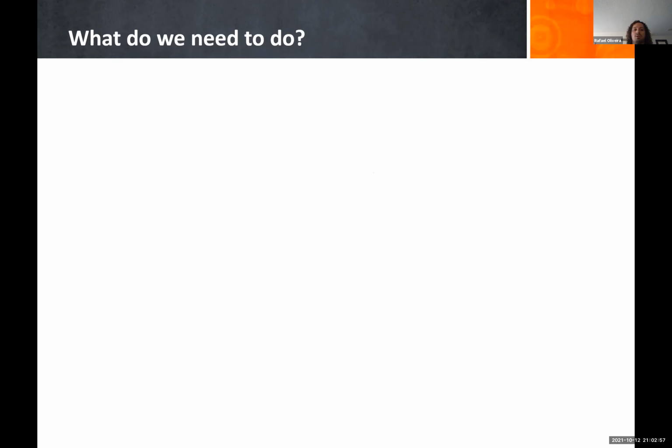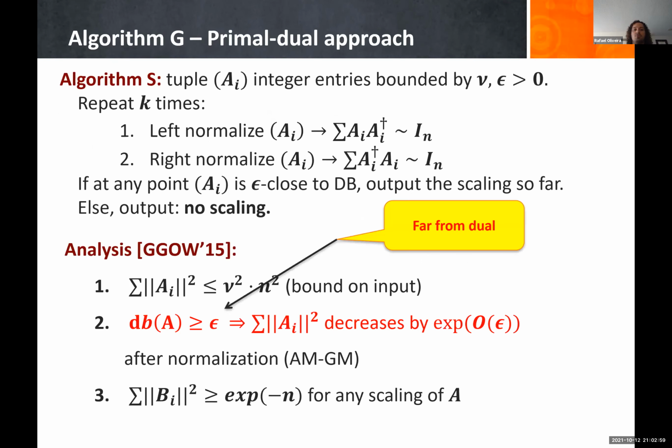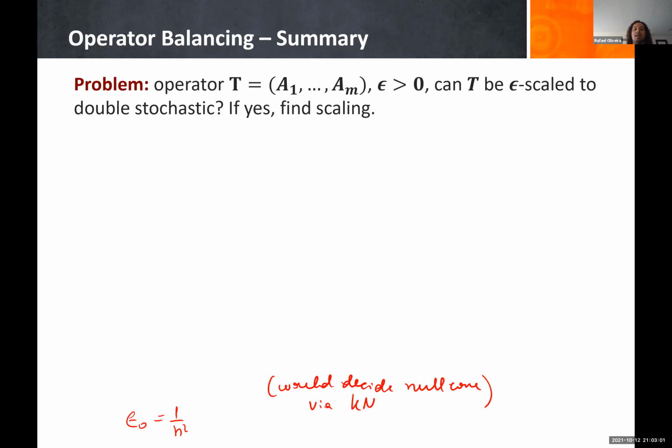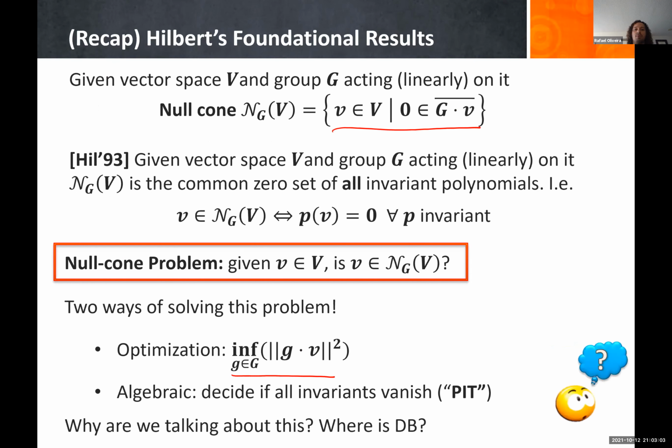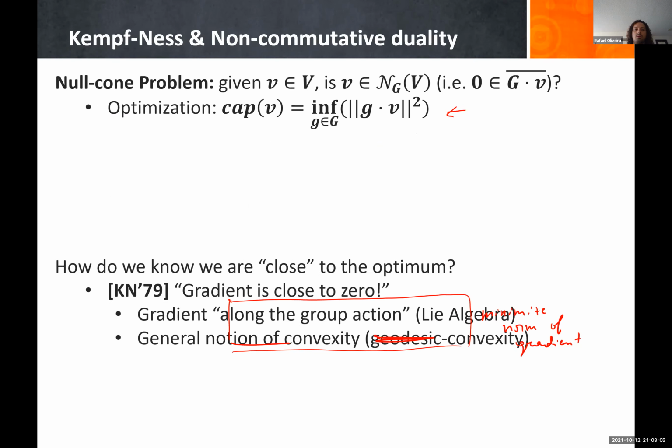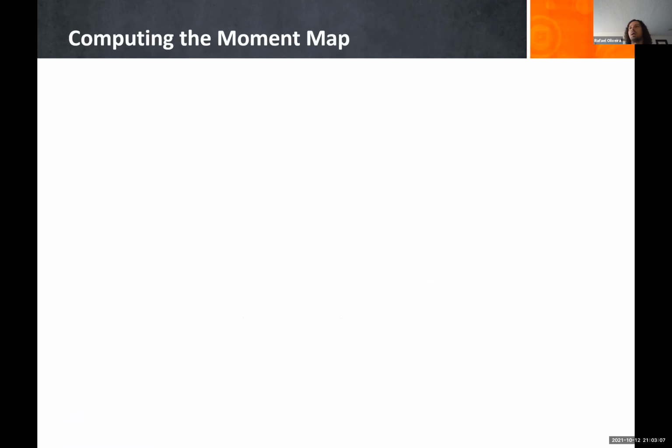So if I go back to the slide, to answer a question that I'm going to ask myself: how do we compute the moment map for this action? Let's say our function, I'm just going to use the function. I have my tuple of matrices A, and I have my left and right, which is the group action.